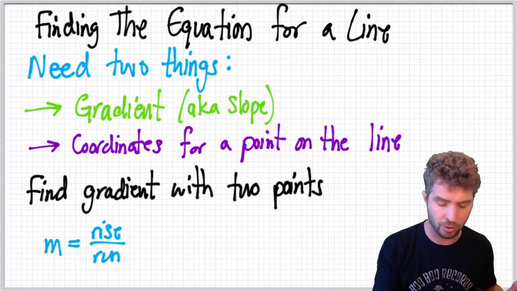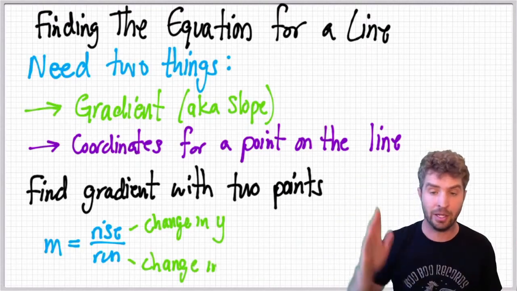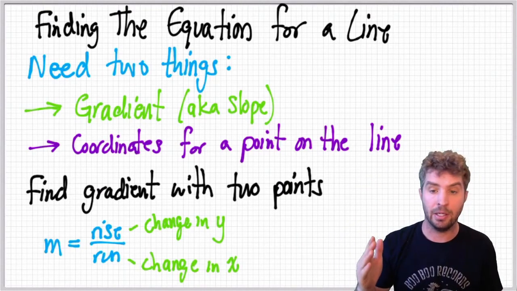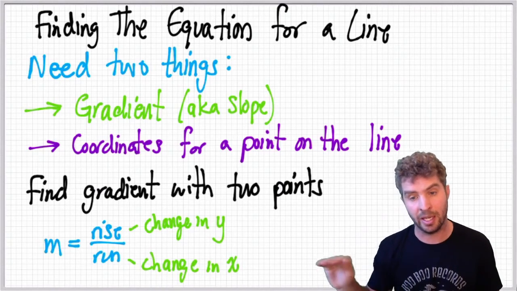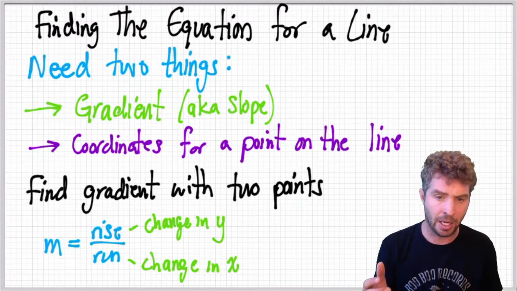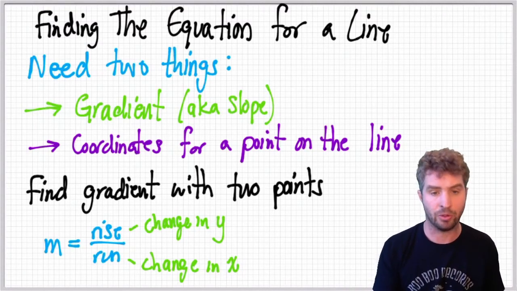So what we can do is think about it this way: the rise is the change in the height, the change in the vertical, the y direction, and the run is the change in the x direction, the horizontal. Whenever we are dealing with change or difference, that is subtraction.